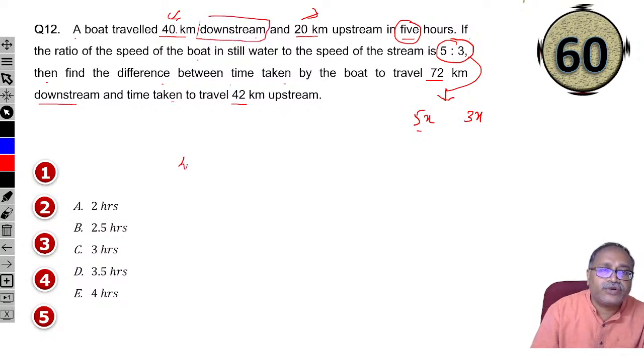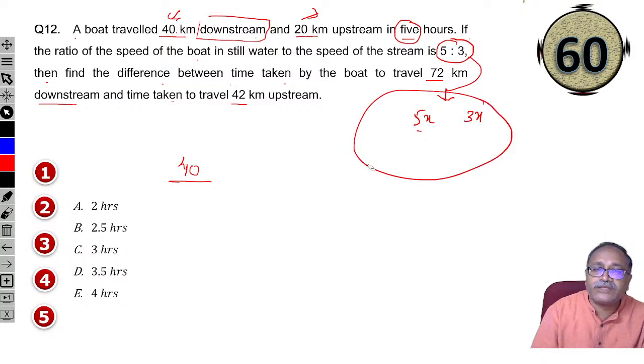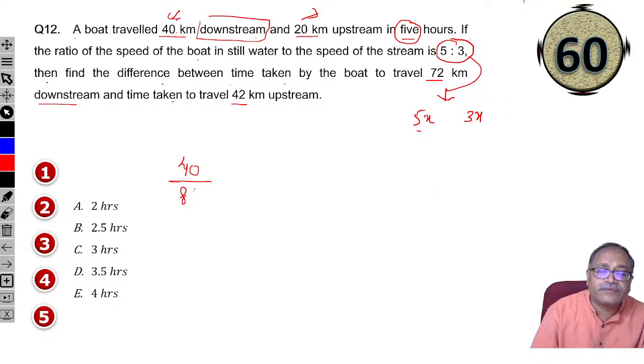So take this one, 40 divided by the downstream speed, and the downstream speed is 5x plus 3x, which is 8x, plus the time for 20 km upstream. So the time is 20 by the upstream speed, which is the difference of these two, 2x, which is equal to 5 hours.